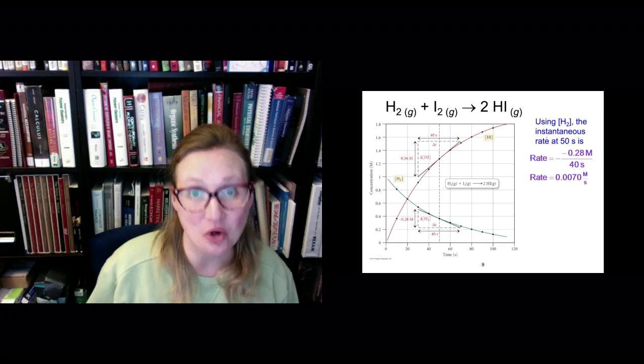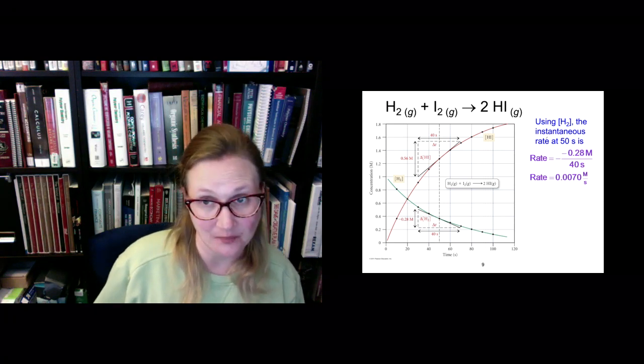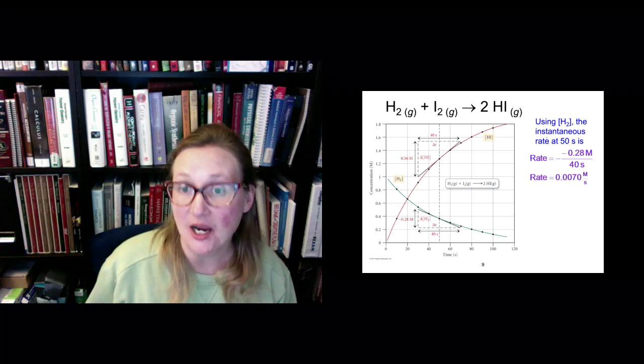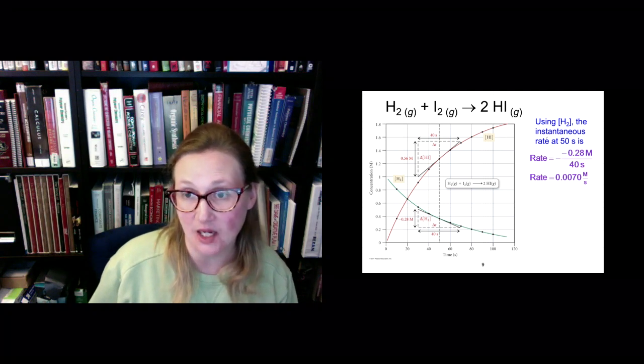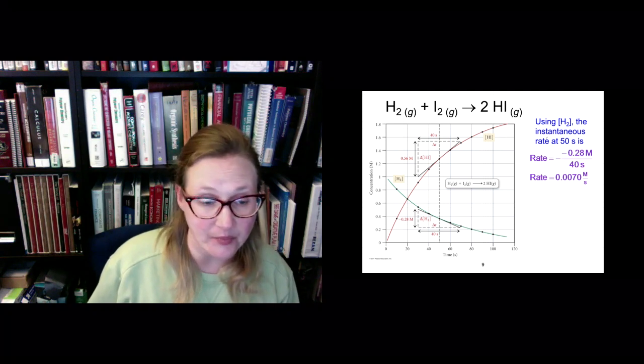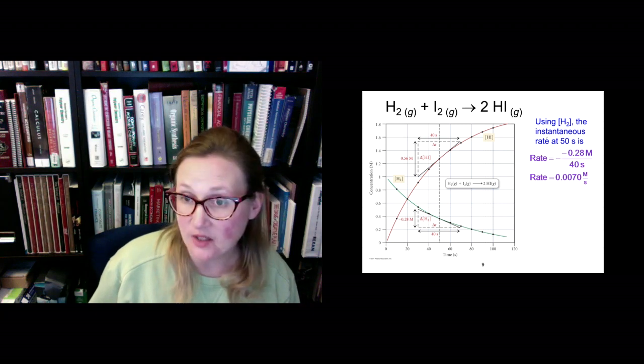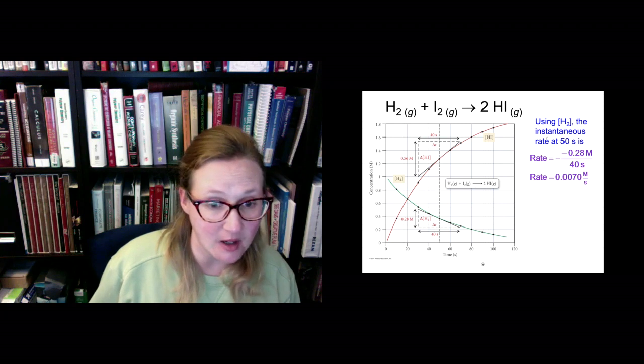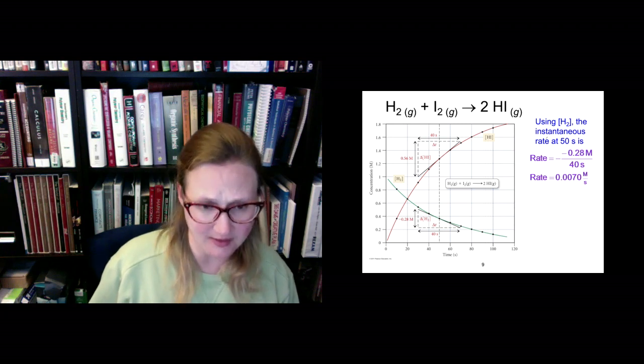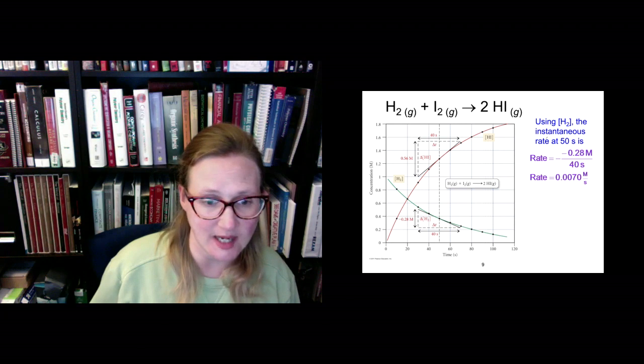Of course, always incorporating that idea of stoichiometry. So if we look at hydrogen, the instantaneous rate at 50 seconds, we draw that triangle that gives us a concentration change of 0.28, and then our other side of the triangle, we're going to go 40 seconds.